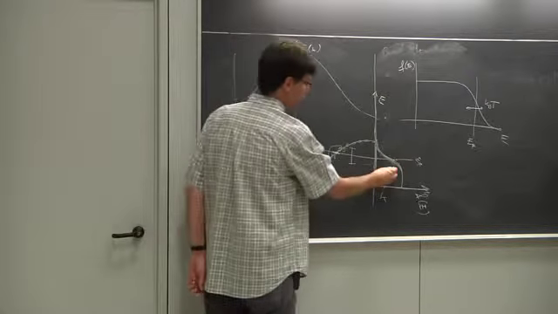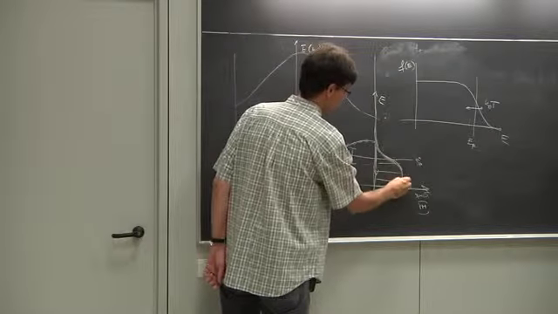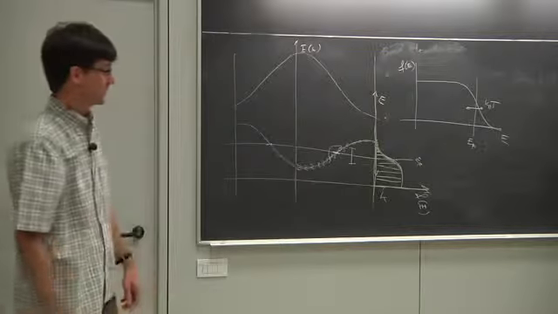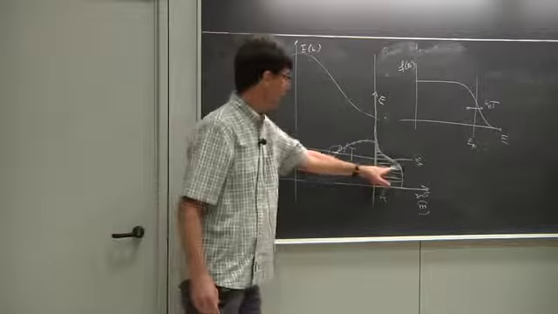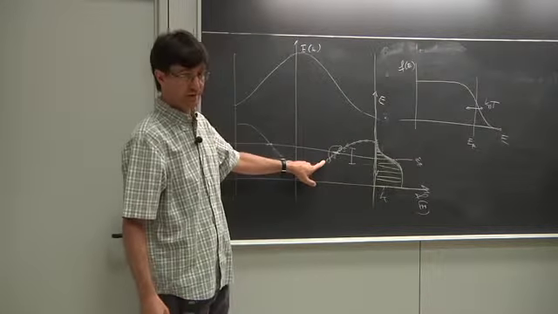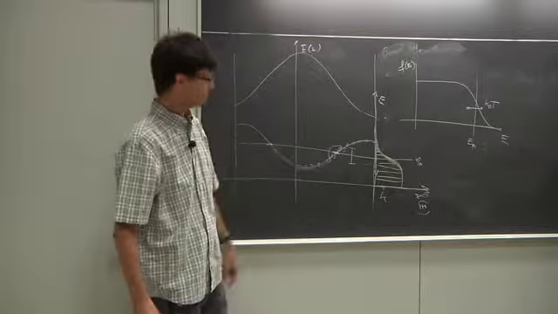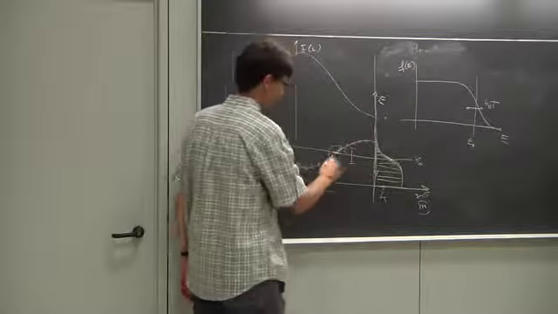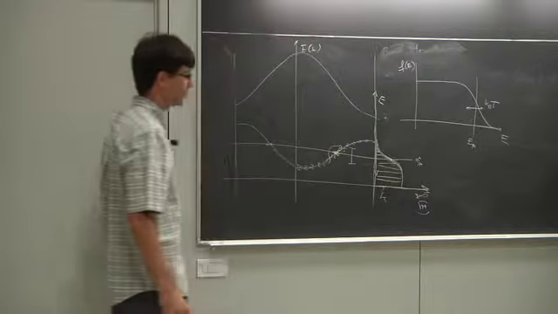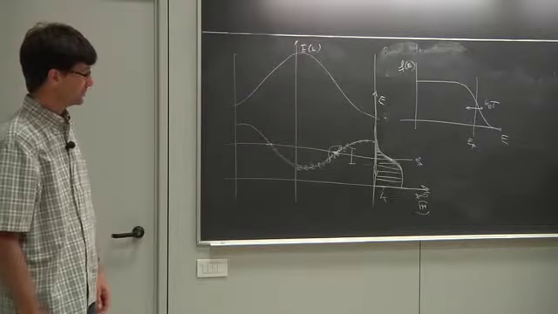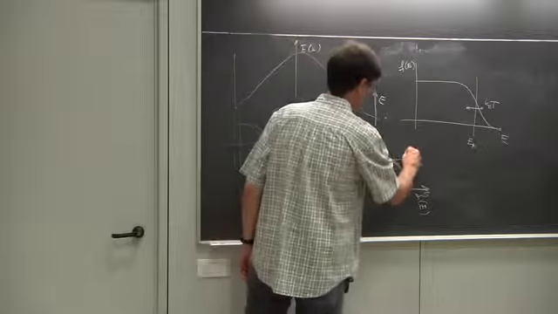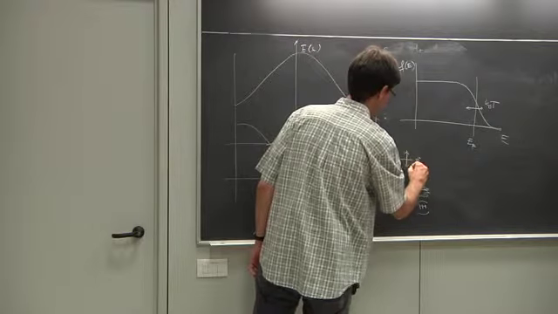So here the occupation is 2, and here it goes to 0. So this is the occupation of the state at the given energy E. Now, at the Fermi level, it's exactly 1, right? So it must be 1 here. The occupation of this state must be 1 by definition. And of course, the width of this is, as we just said, KBT.